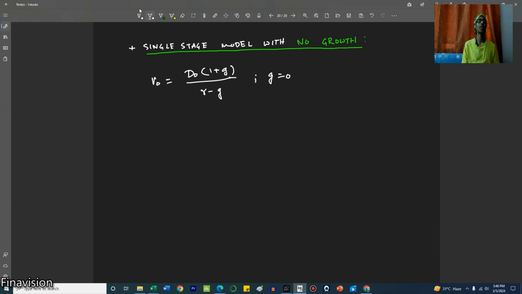So the dividend is not D0 only. D0 is equal to D1 is equal to D2 is equal to D3 is equal to D infinity, a constant.